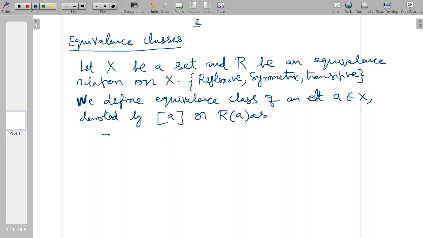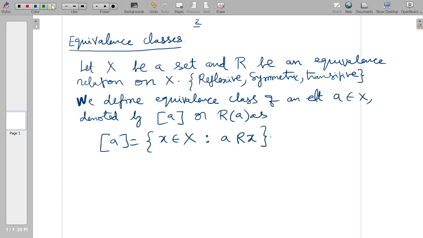It is defined as: the equivalence class of A is equal to the set of all elements x in X such that A is related to x. This is called the equivalence class of the element A.